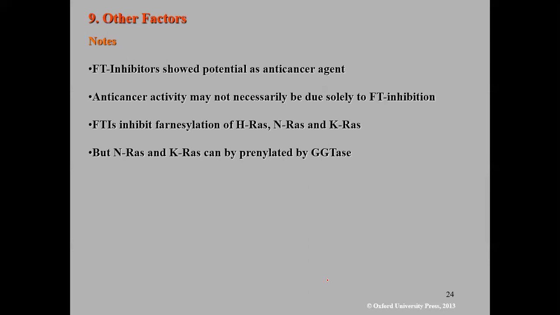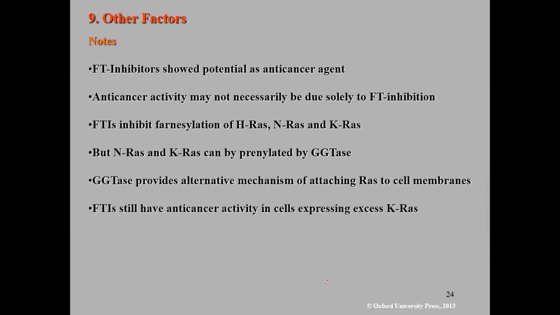As I said, we are going to come back to geranylgeranyl transferase. GGTase provides an alternative mechanism of attaching RAS to the cell membrane. And that's the reason we said an inhibitor able to inhibit both FTase and GGTase has potential as an anti-cancer agent. The FTIs still have anti-cancer activity in cells expressing excess KRAS.